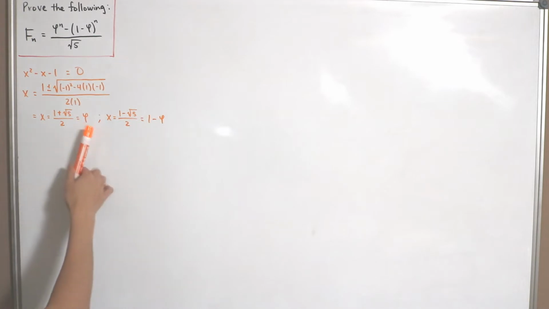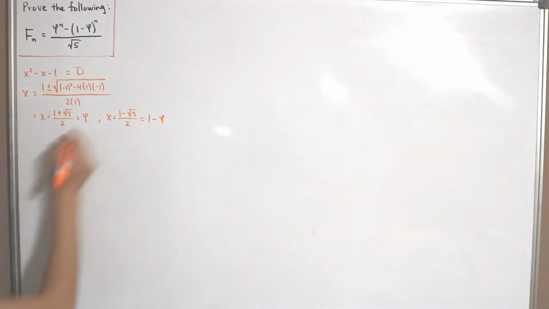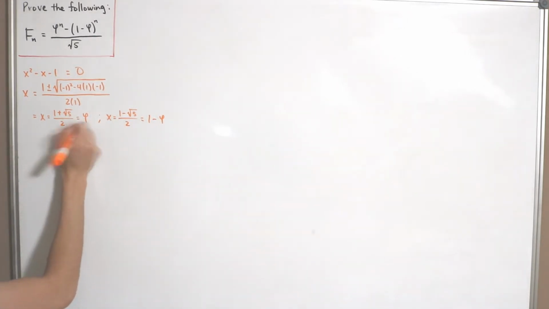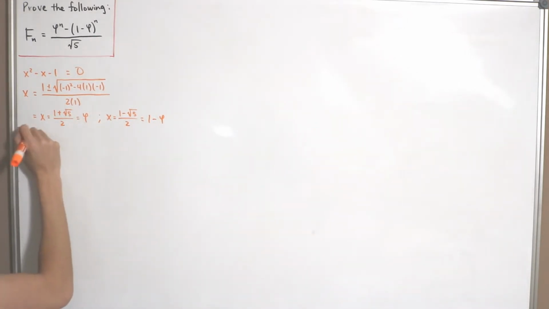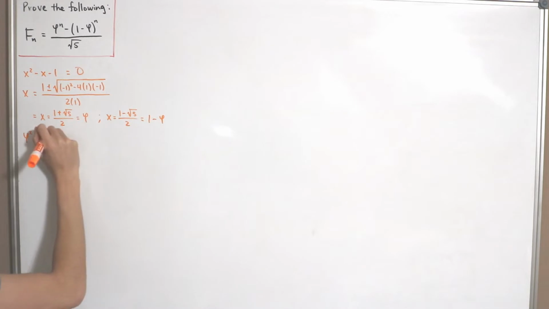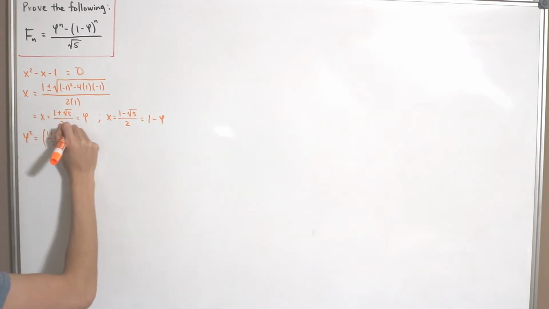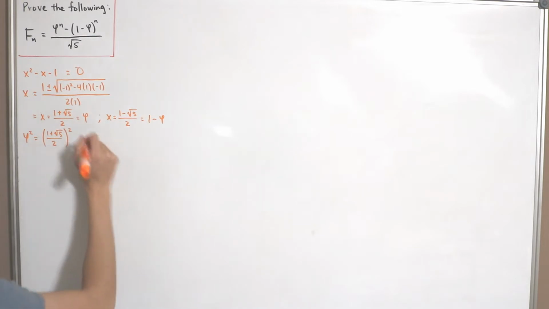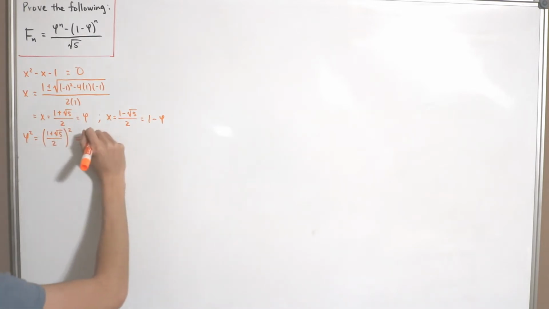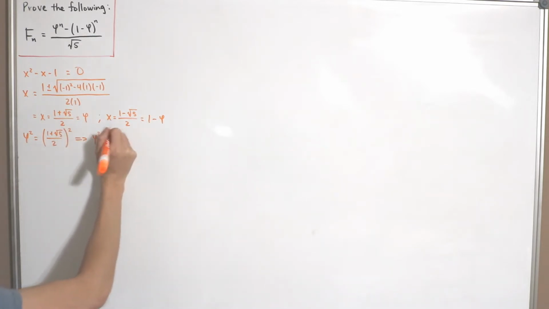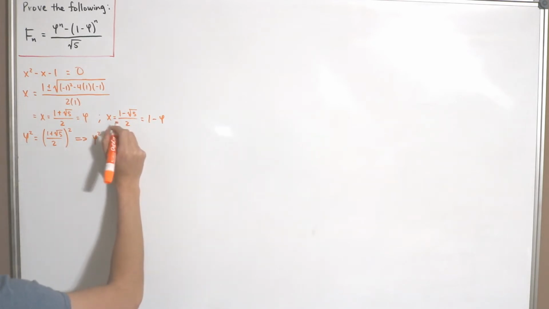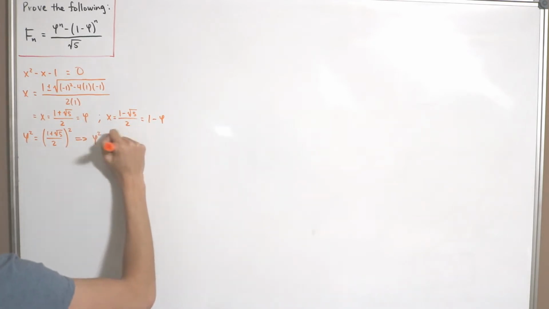Let's start first with the golden ratio number itself, phi. I'll square both sides of the equation. So phi squared is equal to ((1 plus the square root of 5) divided by 2) squared. I'll do the direct calculation by hand.